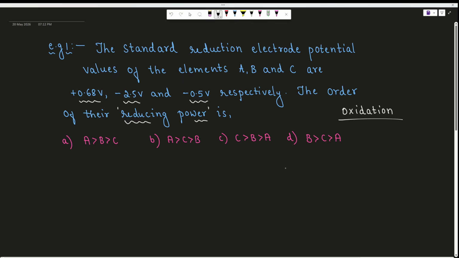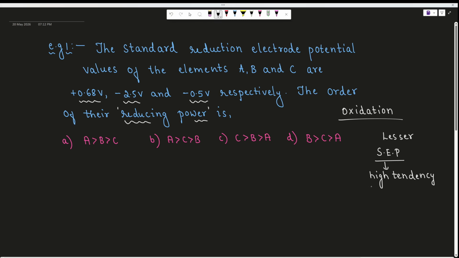Now in the electrochemical series, you know that the lesser the standard electrode potential, the higher the tendency for oxidation.